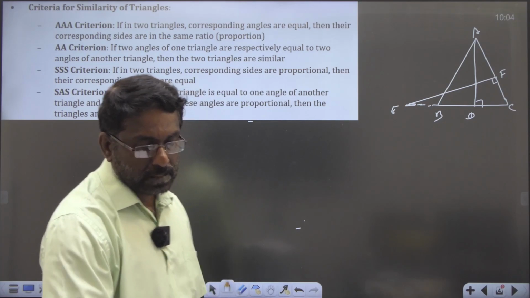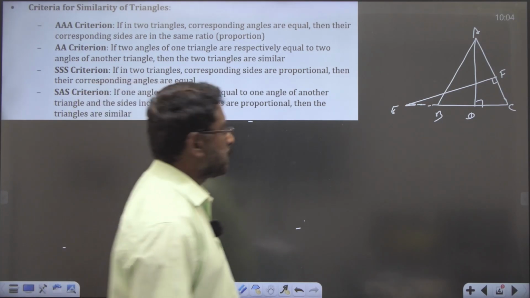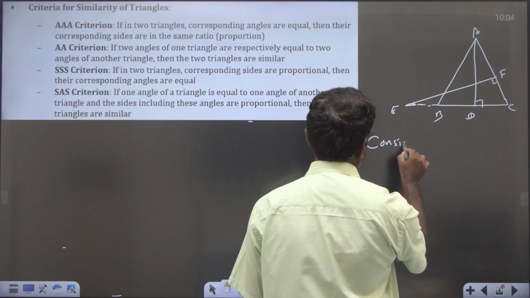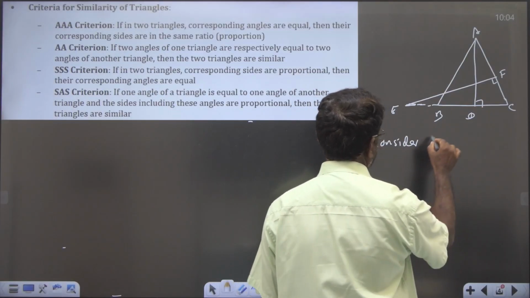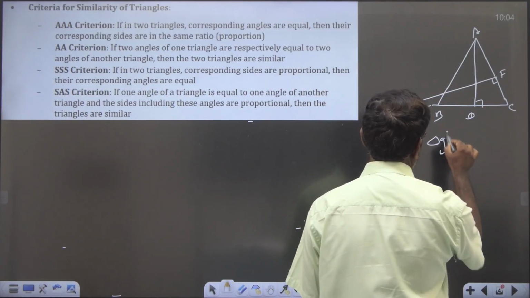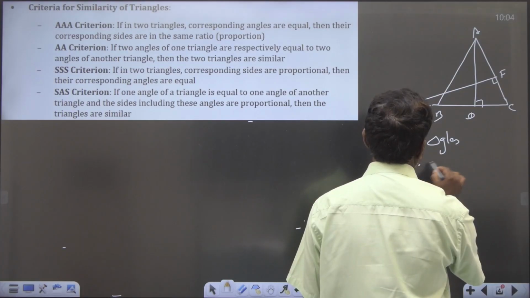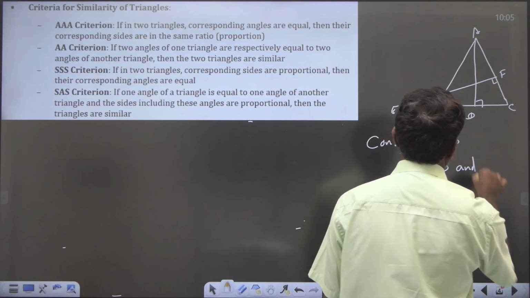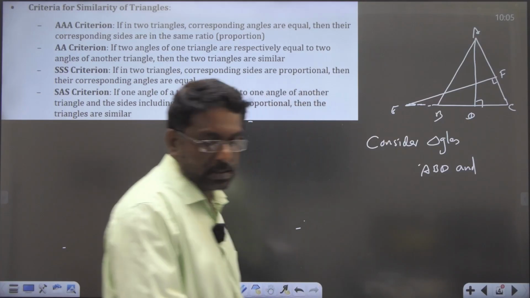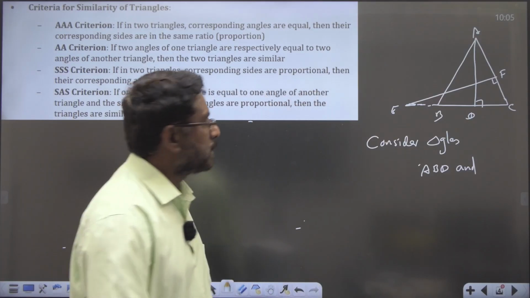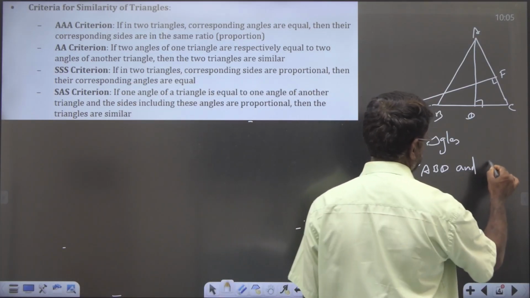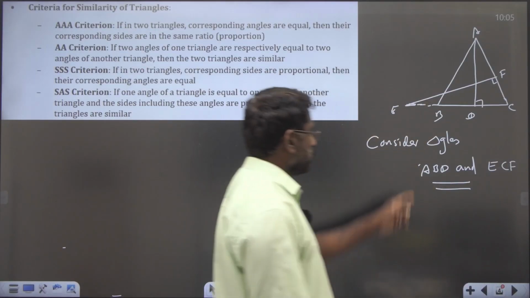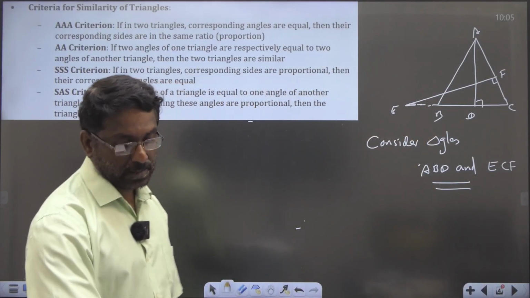Proof. Consider the triangles ABD and ECF. We have to prove these two triangles are similar. That is the question.